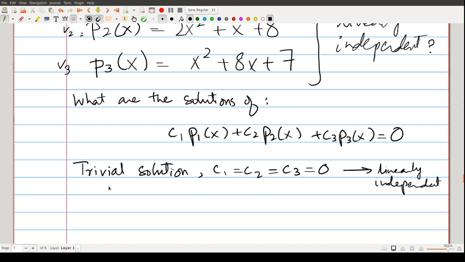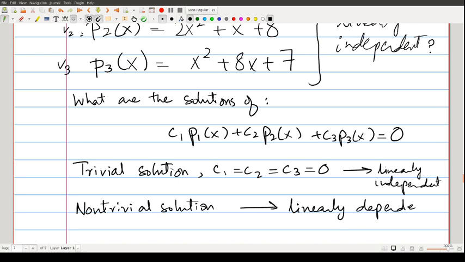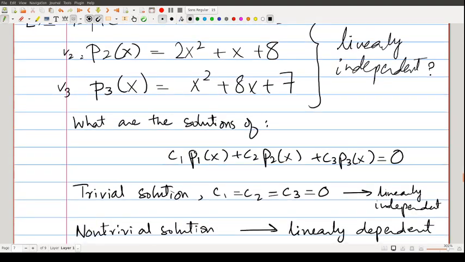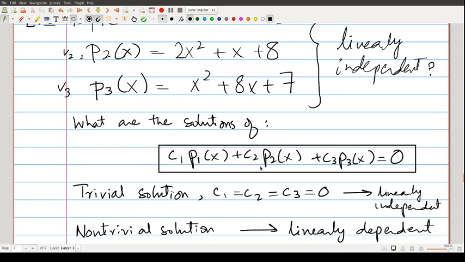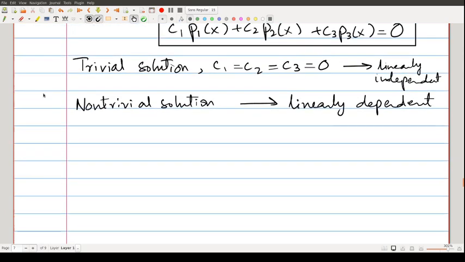But if you get any non-trivial solution, then you will have linearly dependent vectors. Okay, and so these vectors are actually polynomials, and so we just have to find the solutions of this homogeneous equation, right? And the homogeneous equation can be solved as follows.